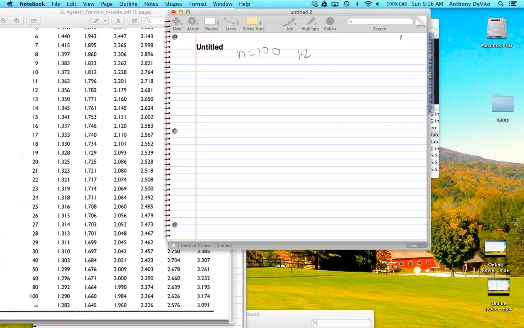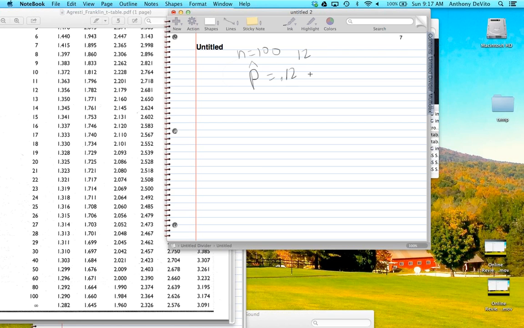So the proportion of people in this sample that are diabetic, I'm going to call it P cap, because just like I use X bar for the sample mean, I'll use P cap to represent the sample proportion, is equal to 0.12, right? 12% of this sample is diabetic.